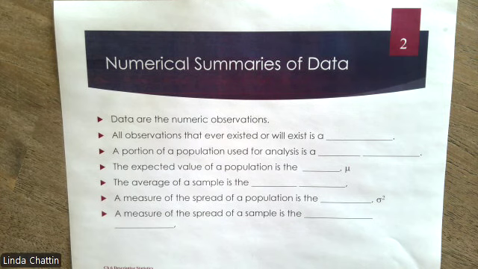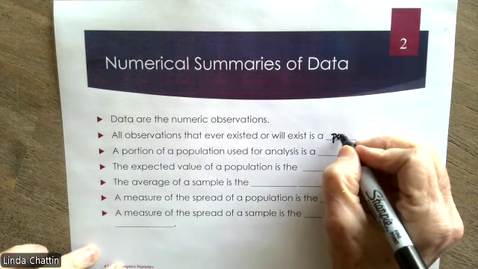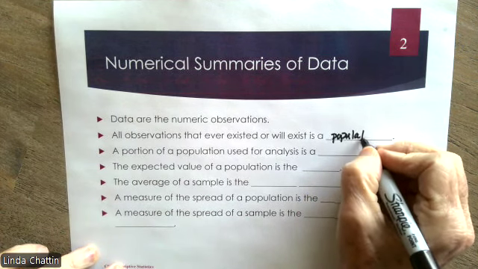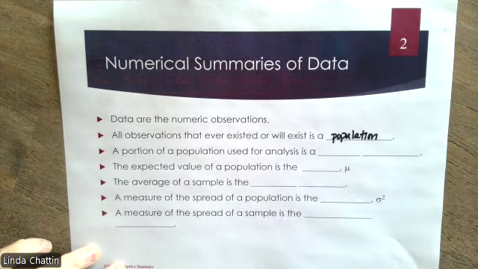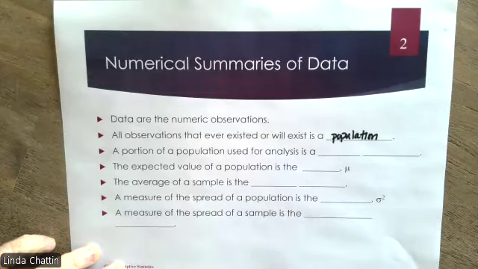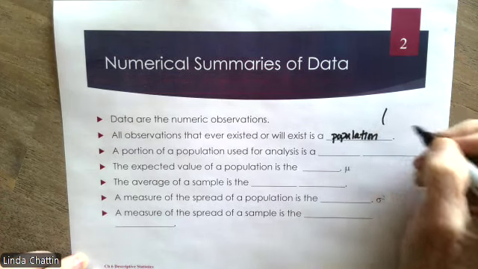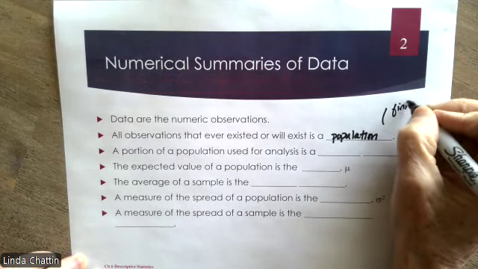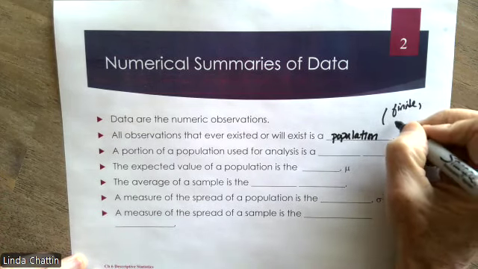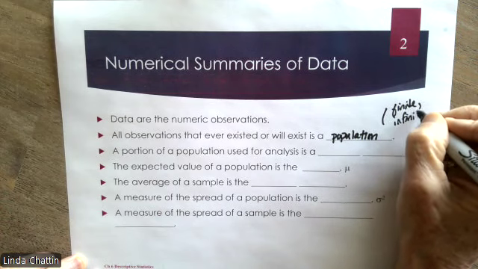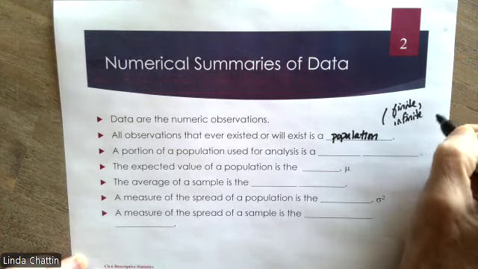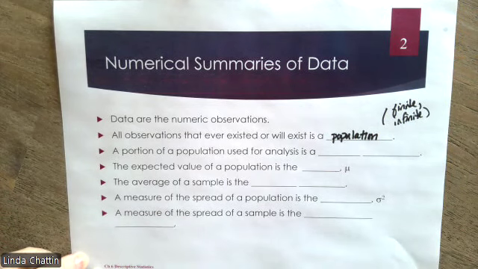But when we say a population, and that's what the first fill in here is, population, we're talking about every possible value that has existed, currently exists, or will exist. And this can be for finite data or infinite data. It could be an infinite population. It can be continuous. It can be discrete.